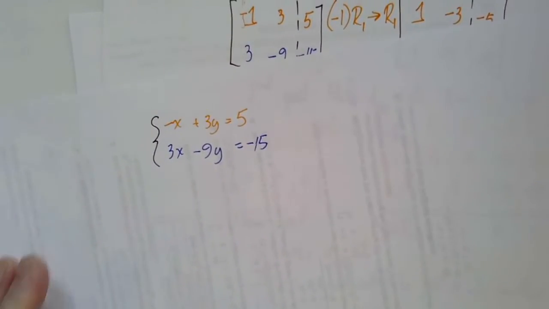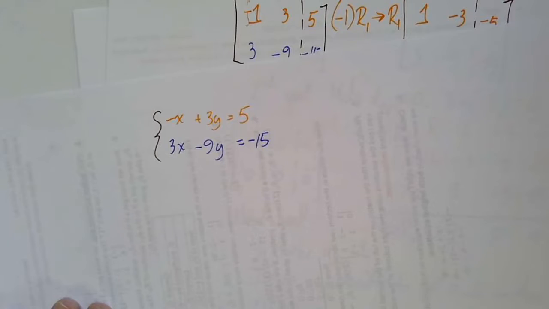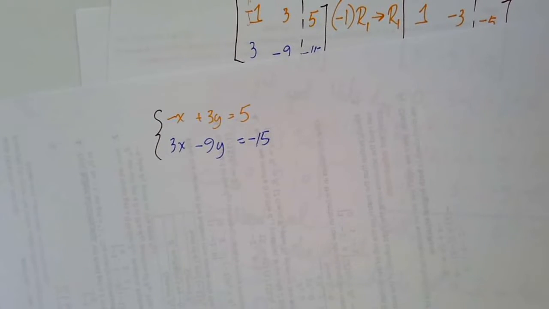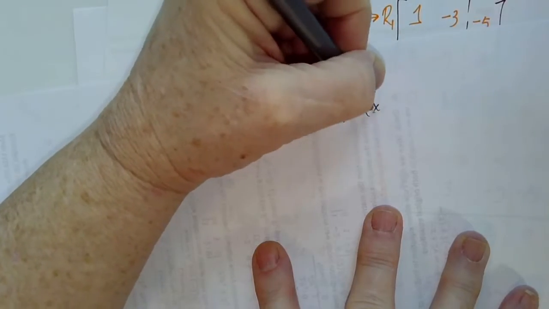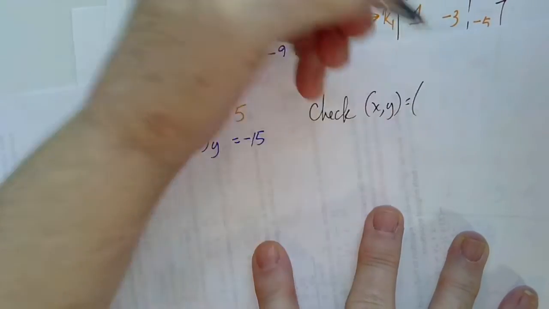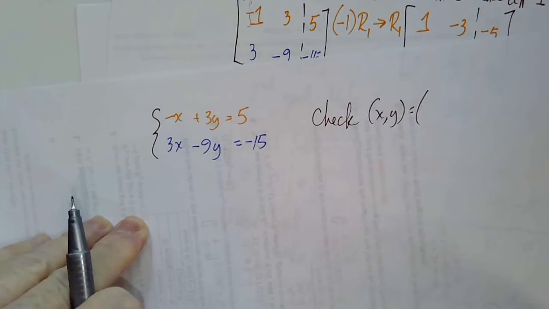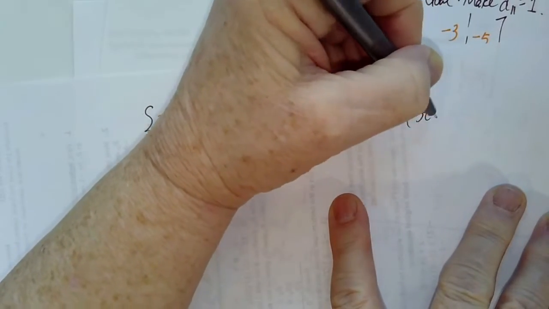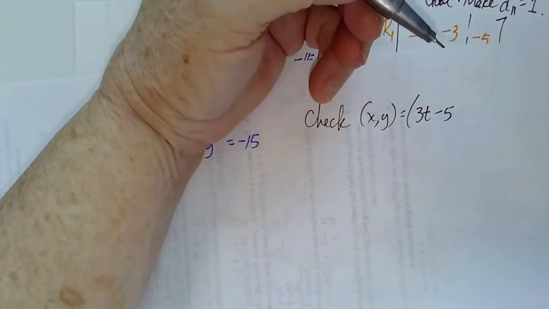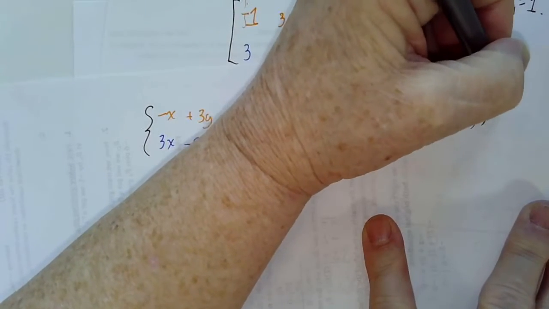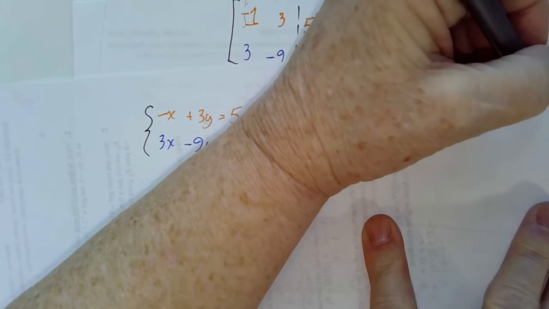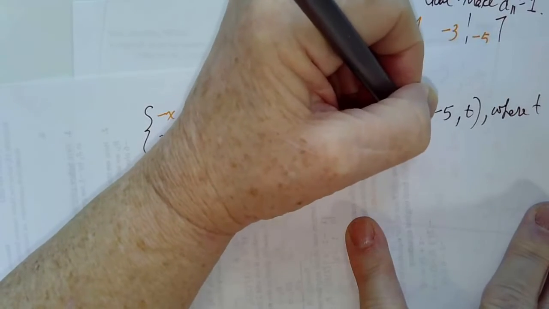And let's check that bizarre looking solution we just found. What did it look like? 3t minus 5, comma t, where t is any number.